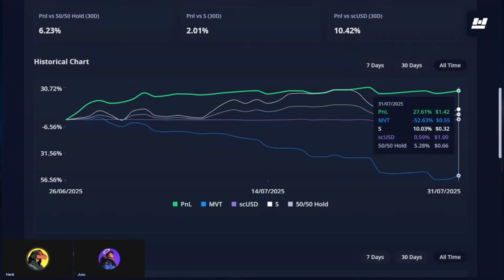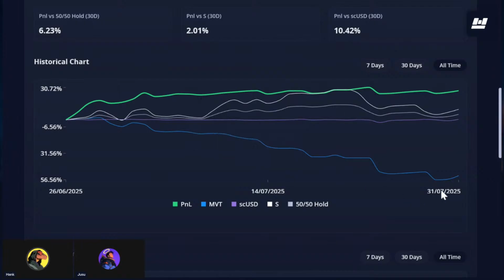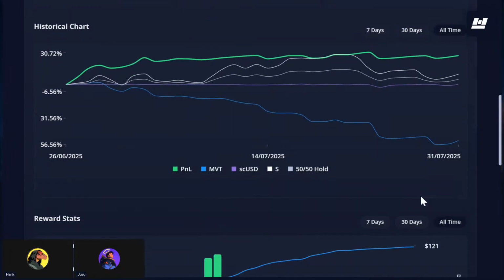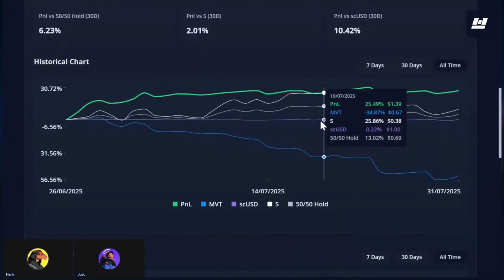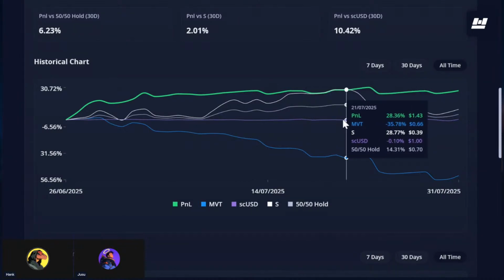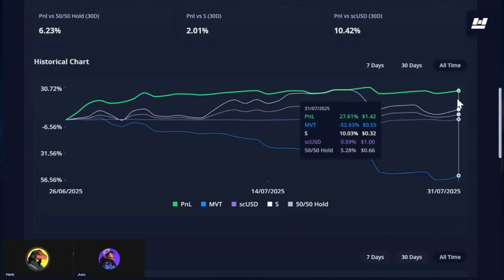So the overall profitability has been good, but it's a trade-off that you would take as a liquidity provider, because the MVT token has fallen down a lot. Going into this vault would mean that my Sonic SC USD is shrinking against a 50-50 hold, which I personally try to avoid. So in this case, I would not choose this, but somebody who is after the high APR, high rewards, this is pretty much how it looks.